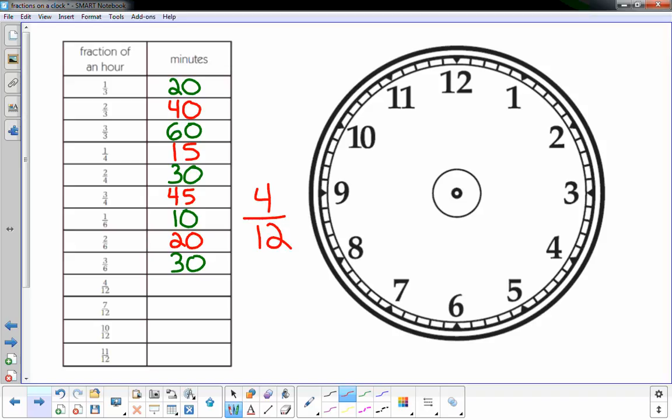So the bottom number, the denominator, tells us we have to break it up into 12 equal parts. What's interesting is there's 12 numbers on the face of the clock. So let's try that, see what that looks like. Is that 12 equal pieces too?